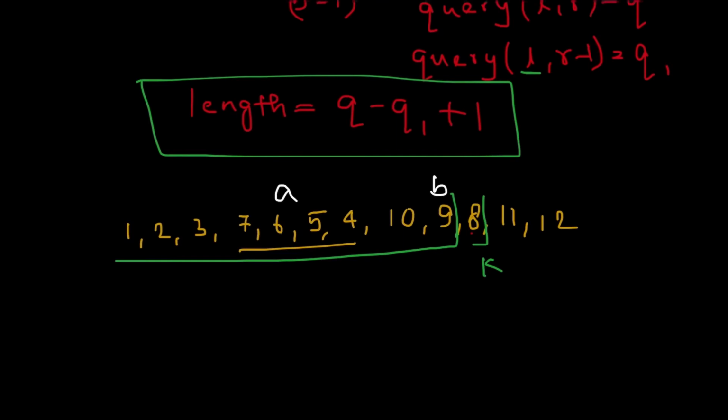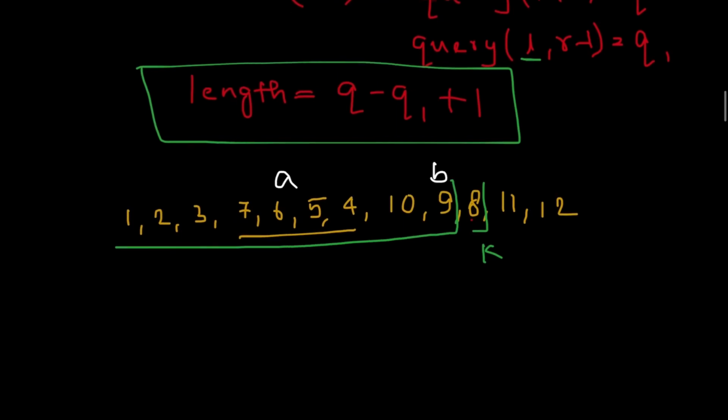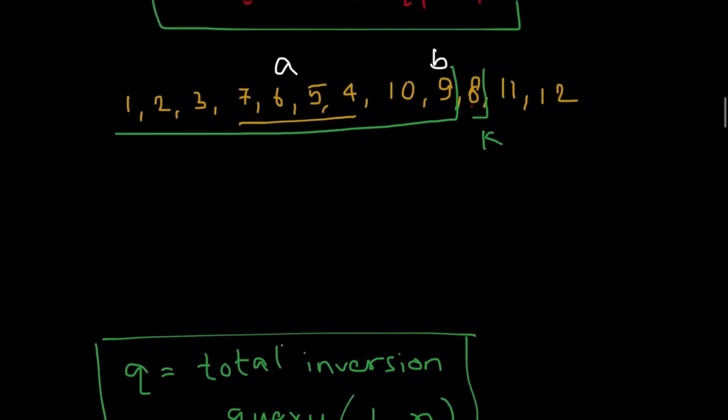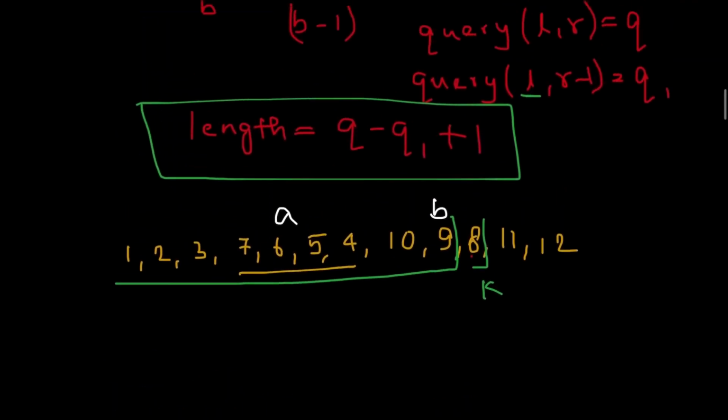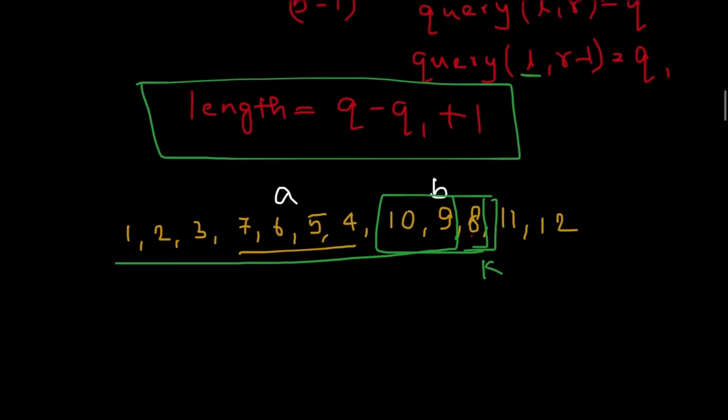Now, if I get this part, and now if I subtract these two, k minus 1, and add 1, that is use this formula for length, I will get this length, right? How? Because here k contains all the inversions for this part also, and for this part also, right?